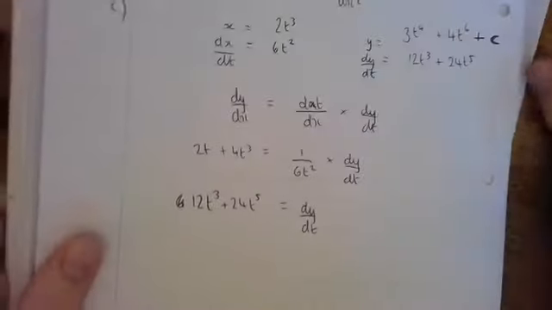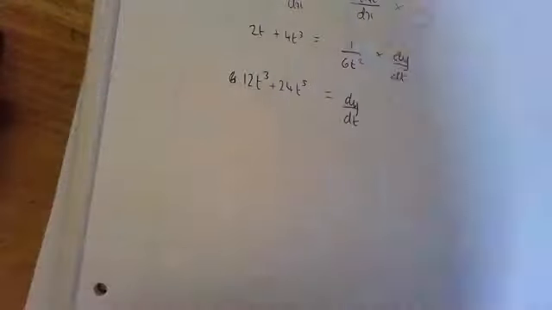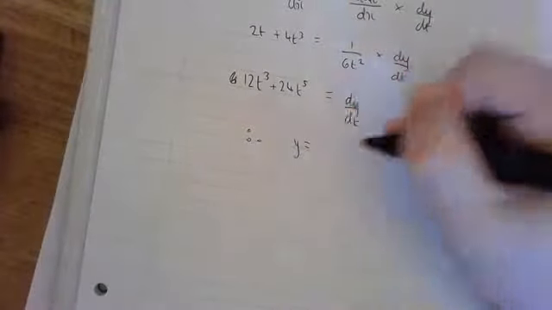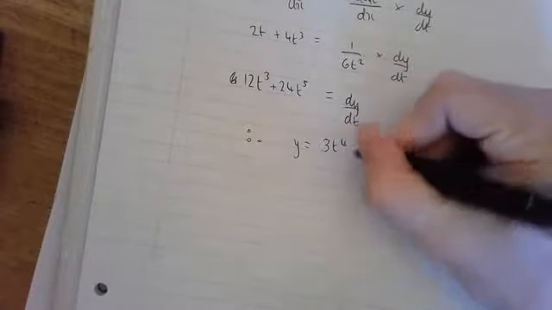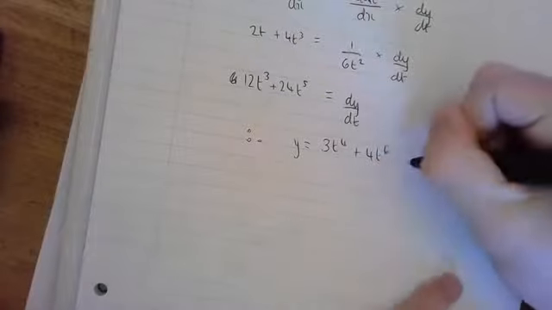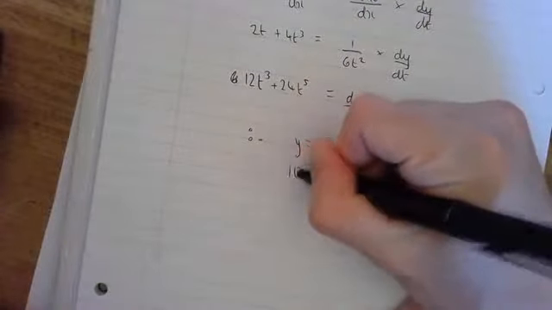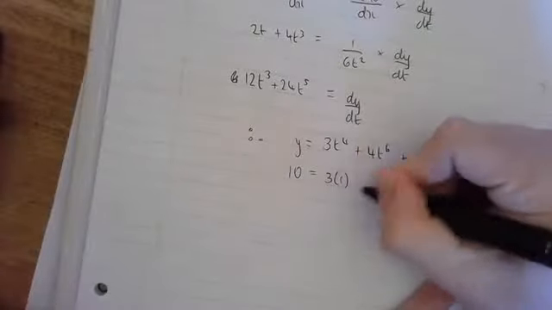Now this is when I can use the information they told me, which was y equals 10 when t equals 1. So y equals 3t to the power of 4 plus 4t to the power of 6 plus c, and we're told that y was equal to 10 when t was equal to 1.